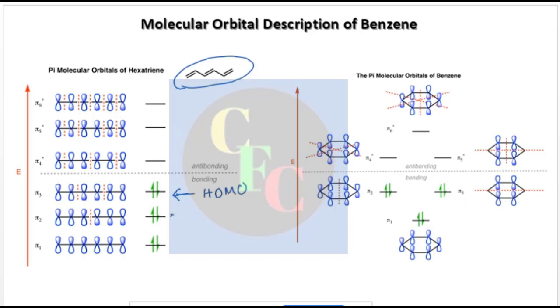These have lower energy than this psi 3. As such, the electrons occupying psi 2 and psi 3 and all these will lead to much lower energy than this system, where psi 1, psi 2, psi 3 have different energies. So benzene is much more stable than this open chain system.